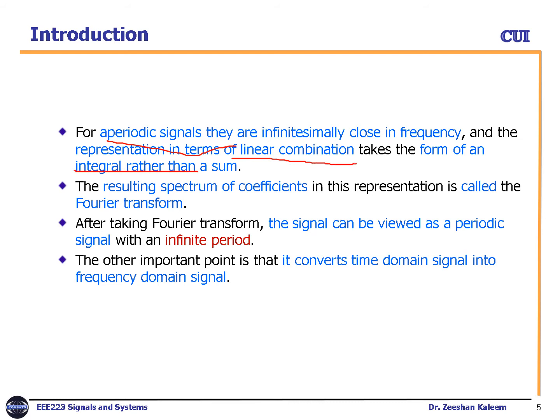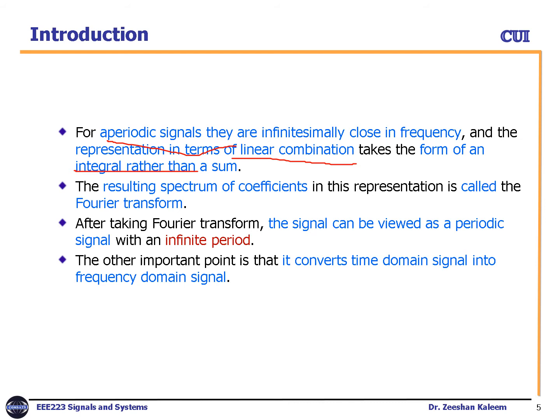Previously, you have seen that whenever we deal with harmonically related frequencies in the Fourier series, we have a summation sign because we are adding them, and the difference between them is substantial.